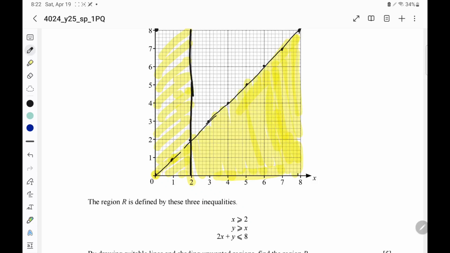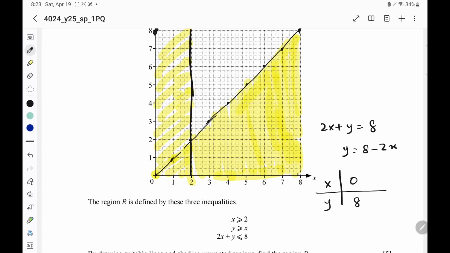Now the third line, 2x plus y is equal to 8. So y is equal to 8 minus 2x. I'm just taking the coordinates. For example, if I take x as 0, y will be 8.